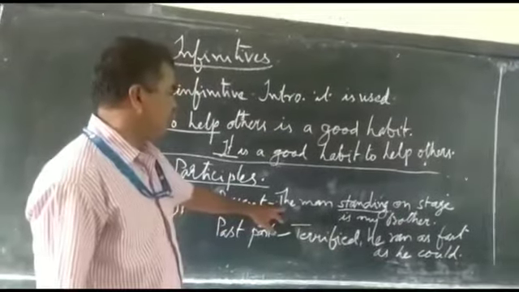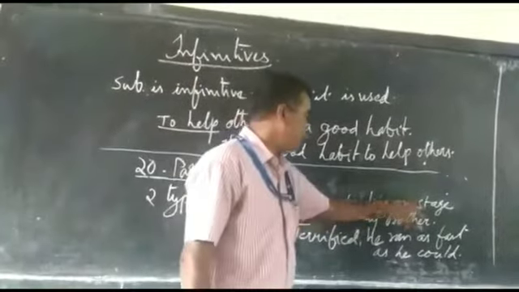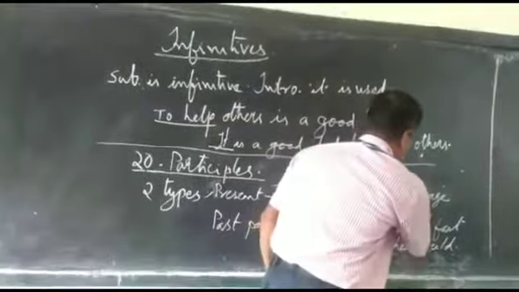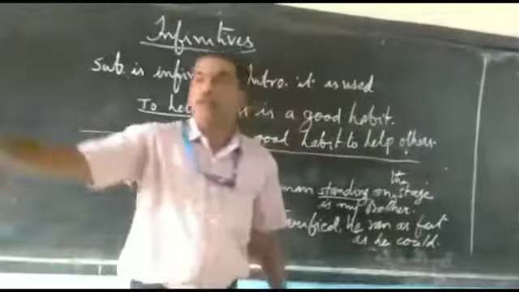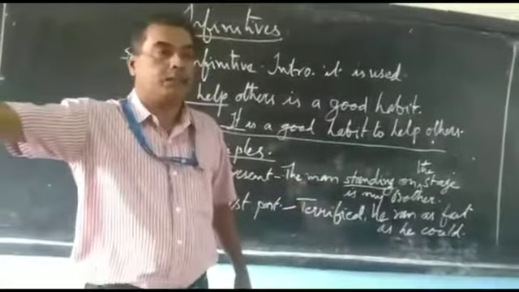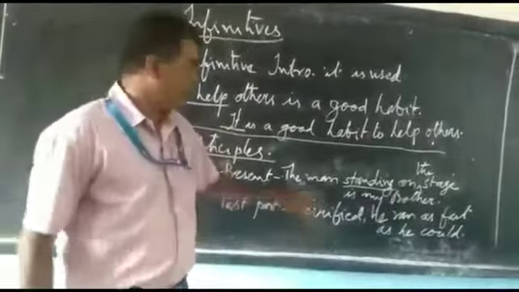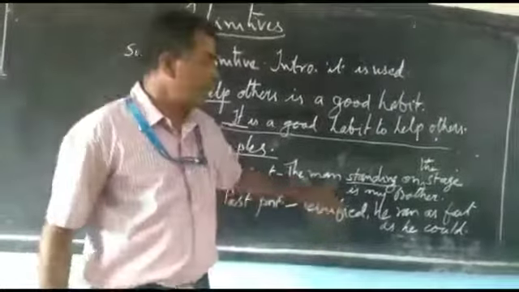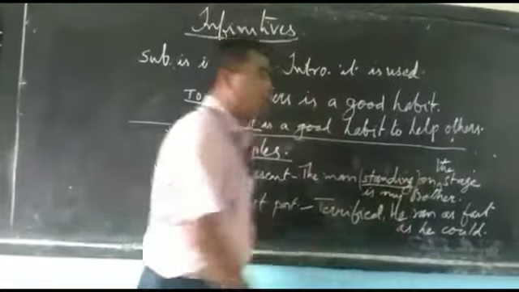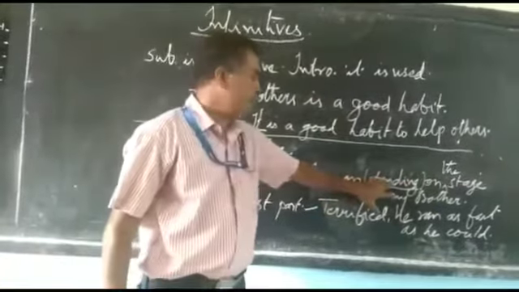I have a sentence here: "The man standing on the stage is my brother." I am pointing to the stage down there, and I am telling you that man standing there. You do not know him, that's why I use the word man. He is my brother. Now this standing is still going on. It is a participle.